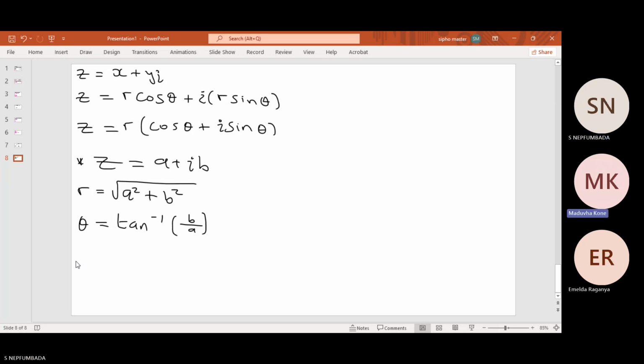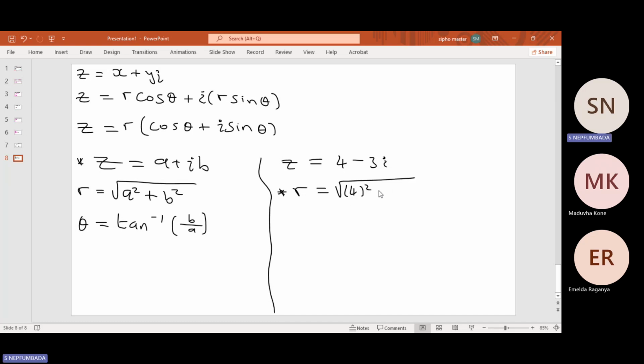No, I also don't get it. Let's say we've got z equals 4 minus 3i. How do we get the modulus? This is the square root of 4 squared plus minus 3 squared. Then what is the solution?